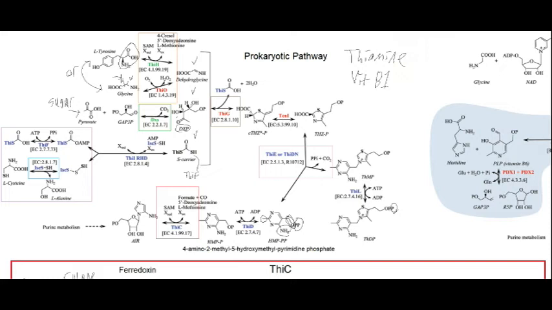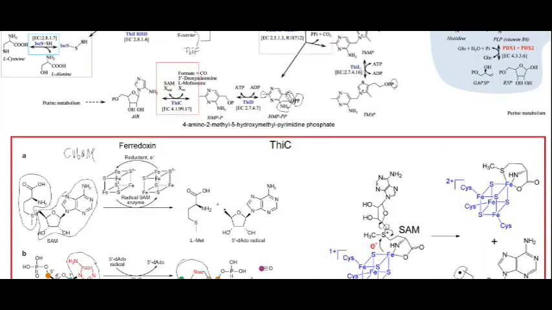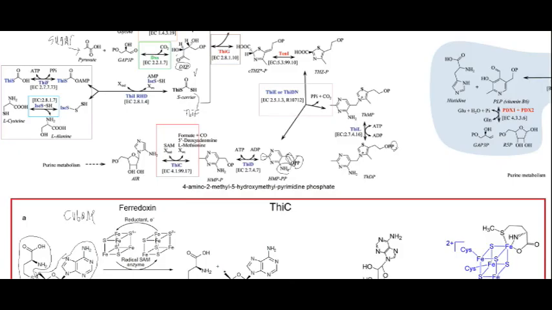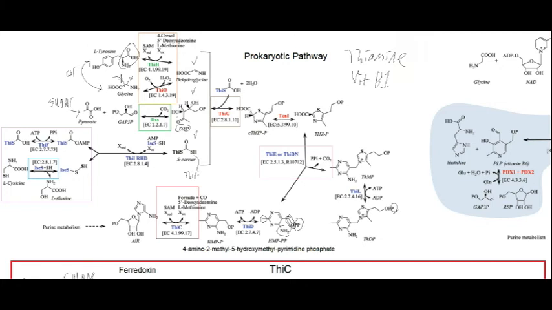And then in the other branch of this pathway, we use our THIC on this AIR, the 5-amino-imidazole ribotide, which is an intermediate of purine metabolism. Then using S-adenosylmethionine, we use that radical reaction with the THIC to generate our HMP phosphate, which is then phosphorylated to HMP pyrophosphate.